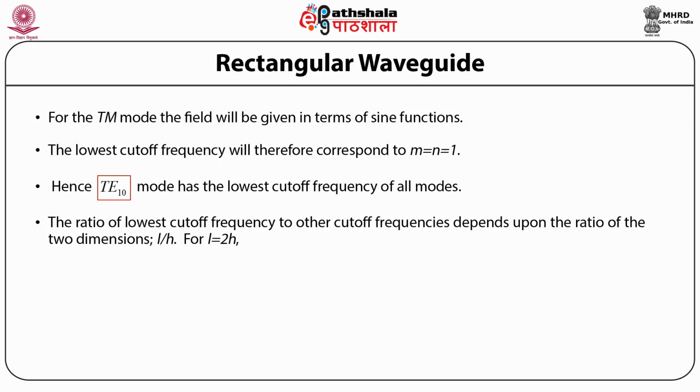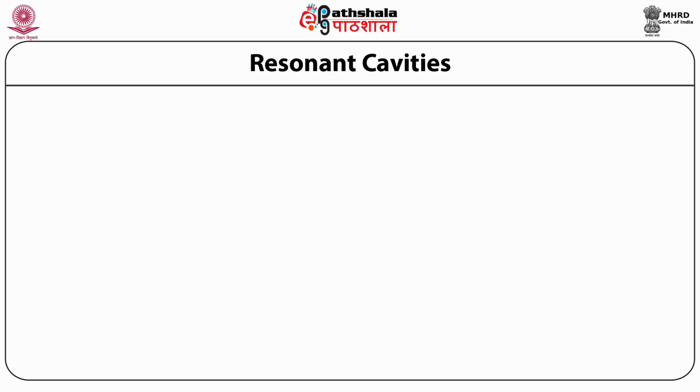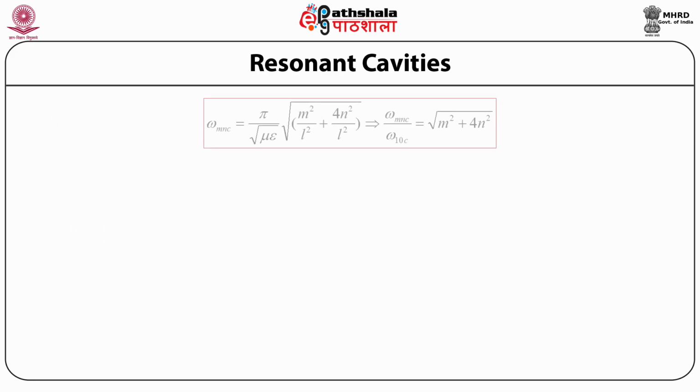So if we consider the case where L is equal to twice h, then the cutoff frequency omega_mnc = π/√(με) times √(m²/L² + 4n²/L²), and this gives omega_mnc / omega_10c = √(m² + 4n²).